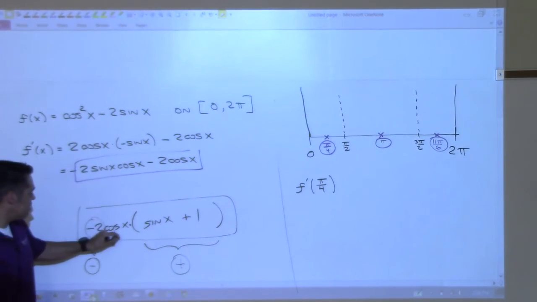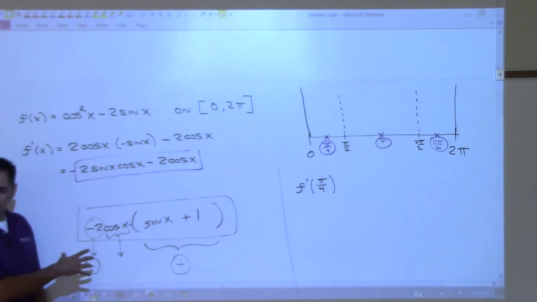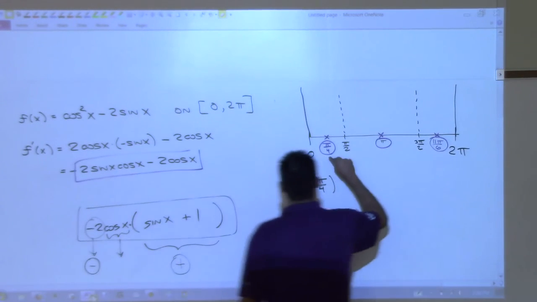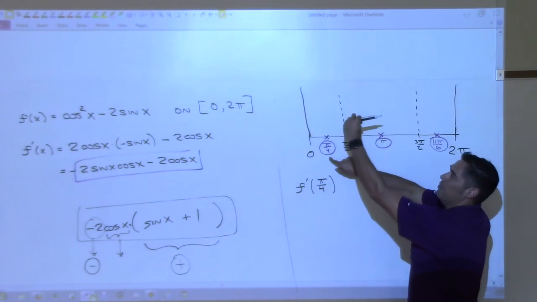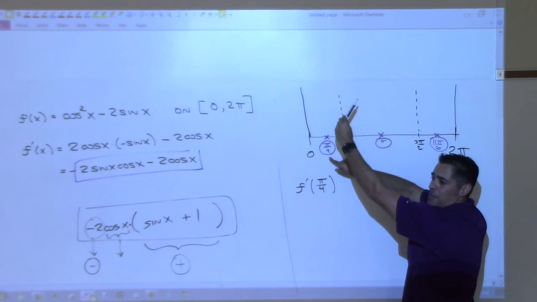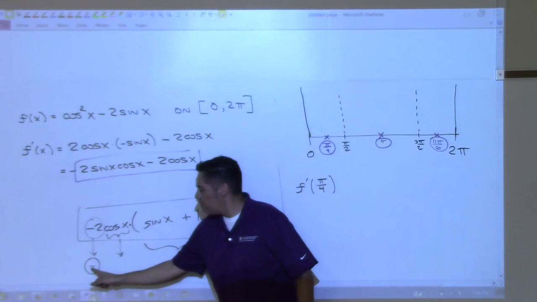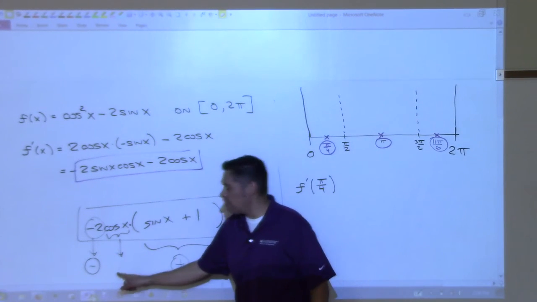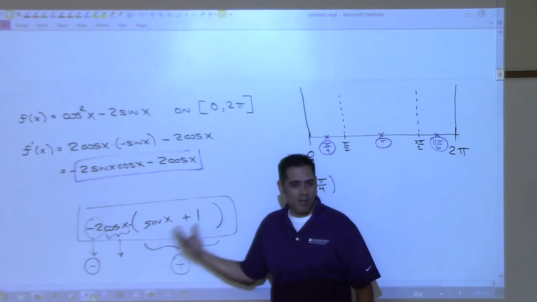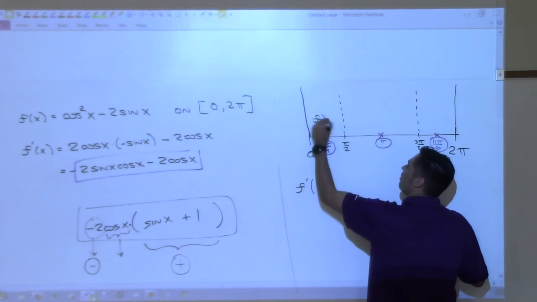So all that really matters right now to us is this: what happens to the cosine part? Do y'all follow that logic? So what's cosine of pi over 4? Pi over 4 is in the first quadrant, and cosine is positive there. It's root 2 over 2. So I have a negative number times a positive number times another positive number. That's all going to become negative. So this tells me my original function moves down here.